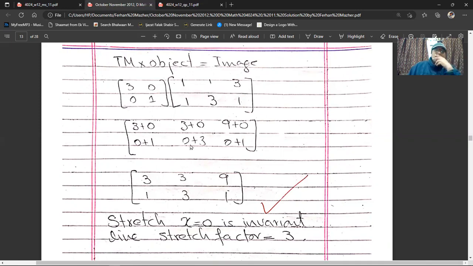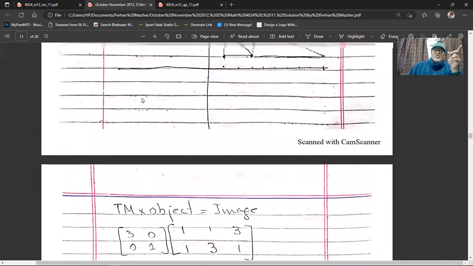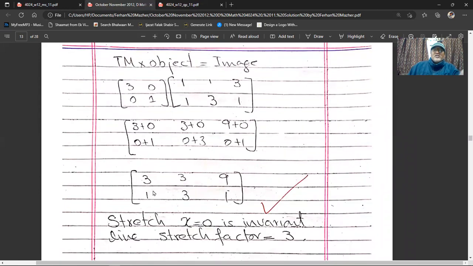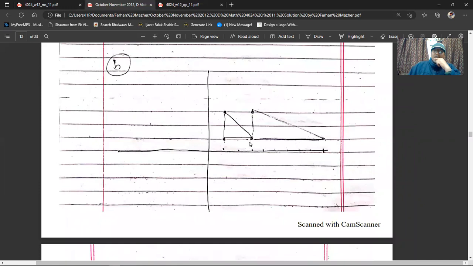Then I will plot this image on my grid. Now, this is the image and this is the object.